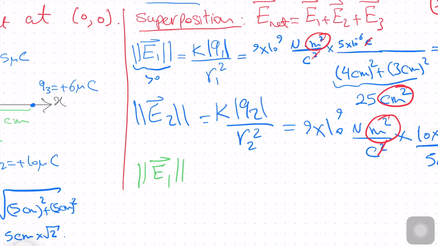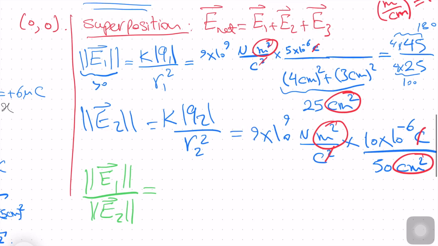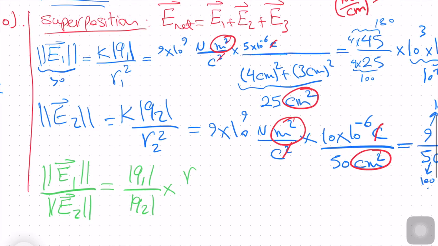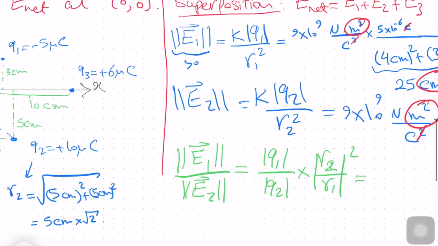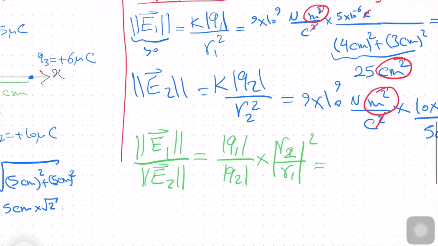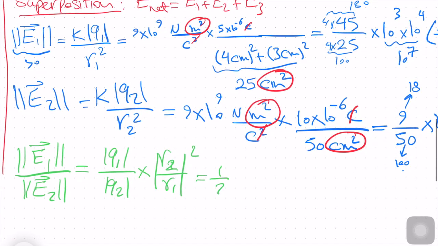I'm saying the magnitude of E1 divided by the magnitude of E2 is equal to, K cancels out, the ratio of Q1 over Q2 multiplied by the inverse ratio of their distances squared. So I'm saying that Q1 is half the amount of charge.